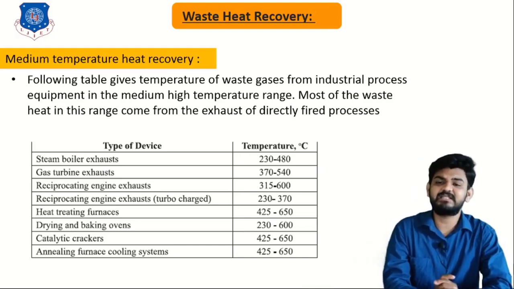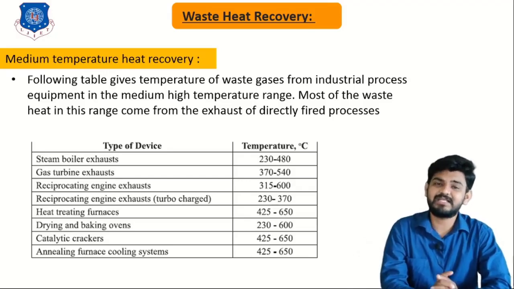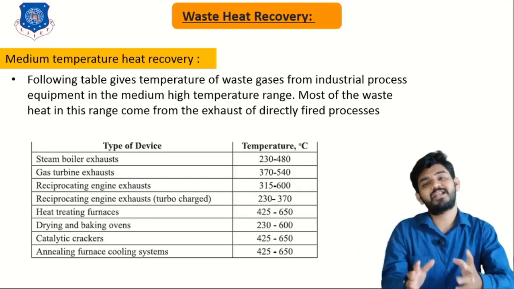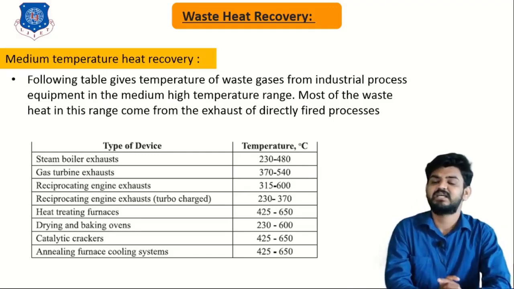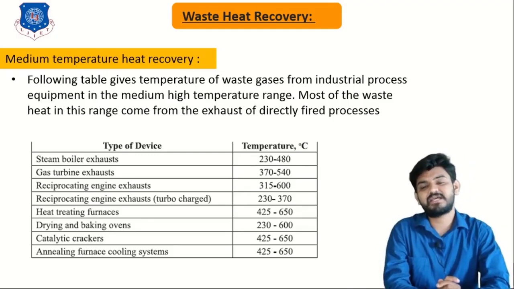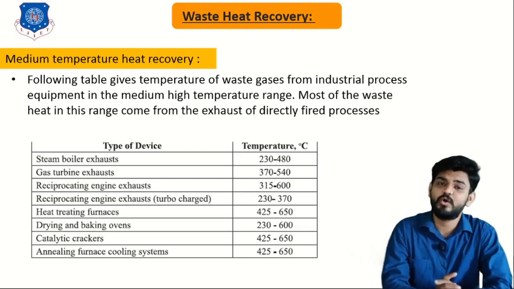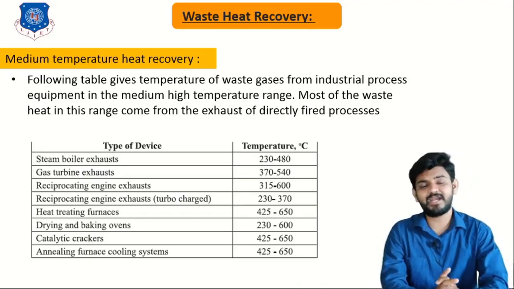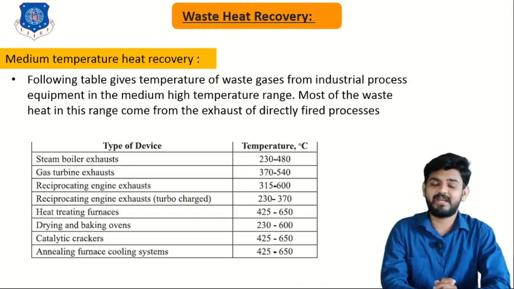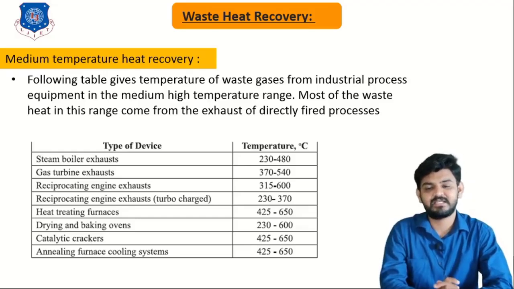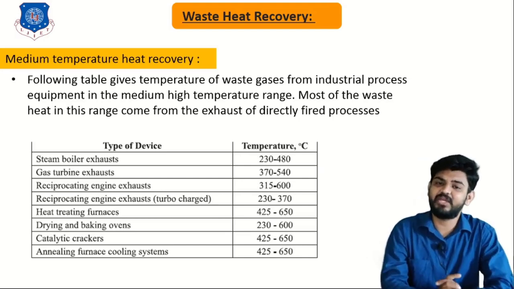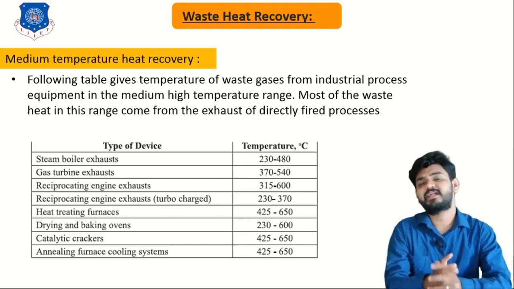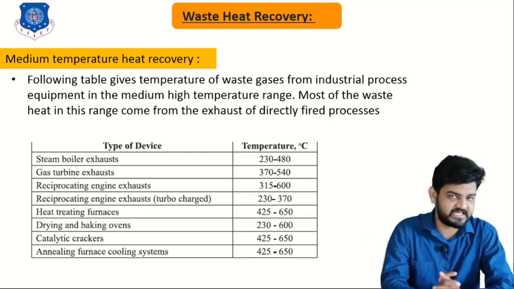Most of the waste heat in this range comes from the exhaust of directly fired processes, that is, processes that directly utilize fire, such as steam boilers, which have temperatures around 230 degrees Celsius to 480 degrees Celsius. Then there is catalytic cracking, which operates at 425 degrees Celsius to 650 degrees Celsius. Then we have drying and baking ovens that operate around 230 degrees Celsius to 600 degrees Celsius.